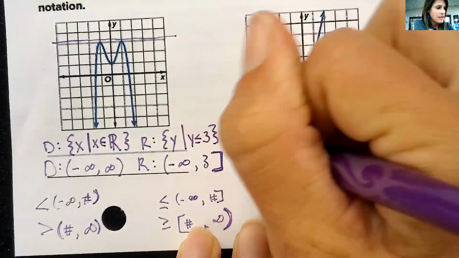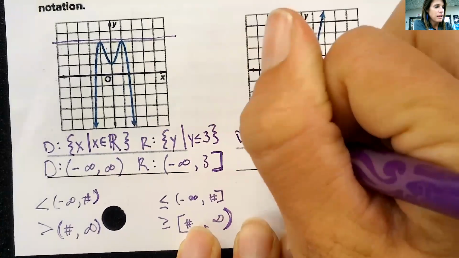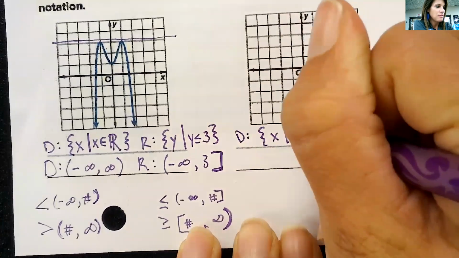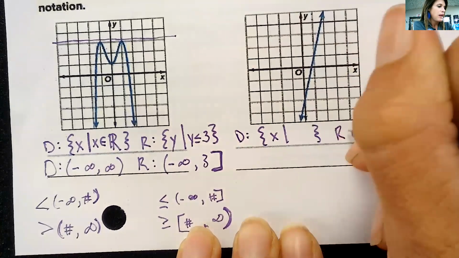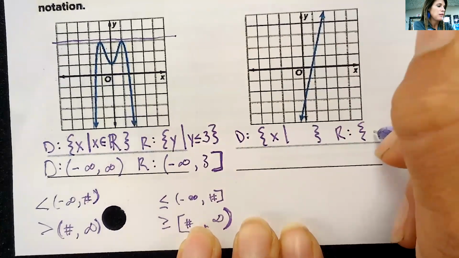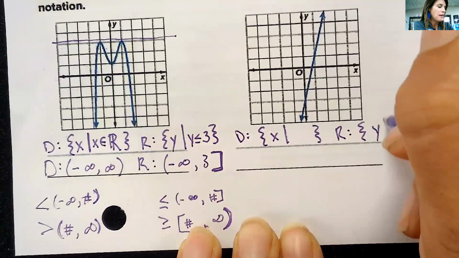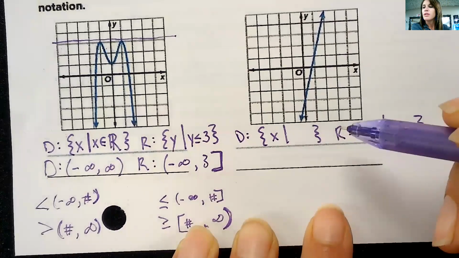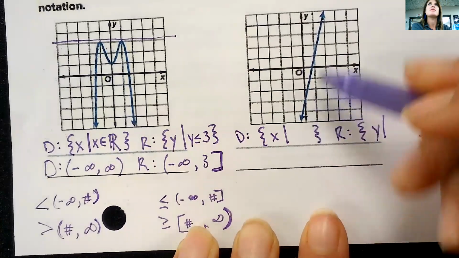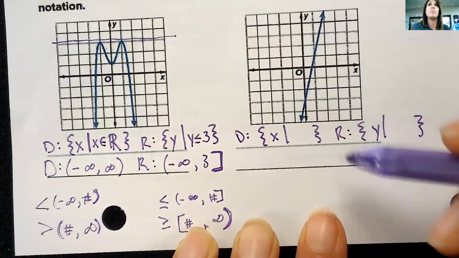Let's do this one. Domain. I'm going to get it set up again. I'm going to do my squiggly bracket, X in a line that says such as, and then the range with the squiggly bracket, y in a line and a squiggly bracket. Let's look at this. The domain of this one, it goes left and right all the way. It goes up and down all the way.